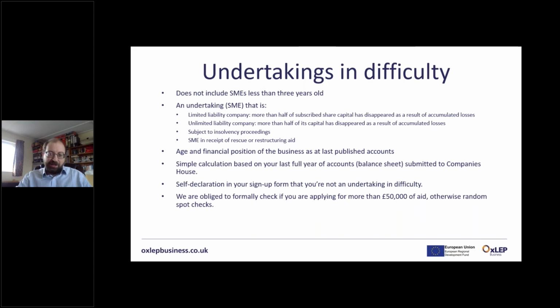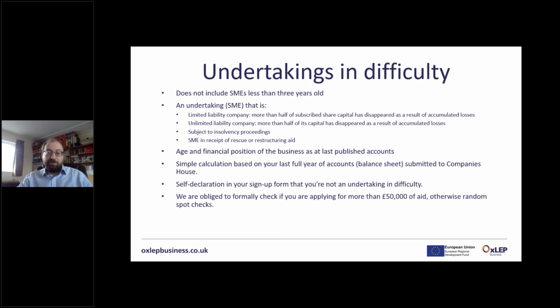It's based on the age and financial position of the business as at the last published accounts. And the test for the first two bullet points, the share capital versus accumulated losses, is a very simple calculation based on the balance sheet, effectively, of the accounts submitted to Companies House.